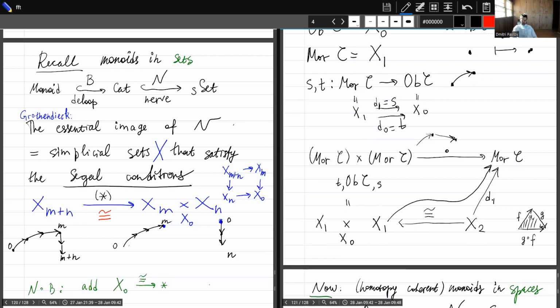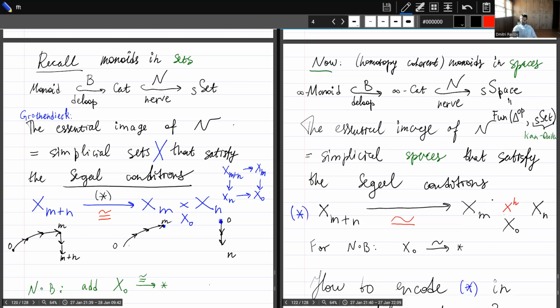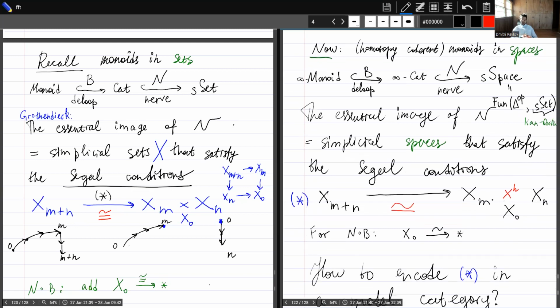Okay, so let me now see how the story changes in the homotopy coherent setting. In fact, almost everything turns out to be at least exactly the same in the formal way. Now we want to encode some category of homotopy coherent monoids. And since I'm too lazy to write the word homotopy coherent, I simply will prefix everything with infinity.